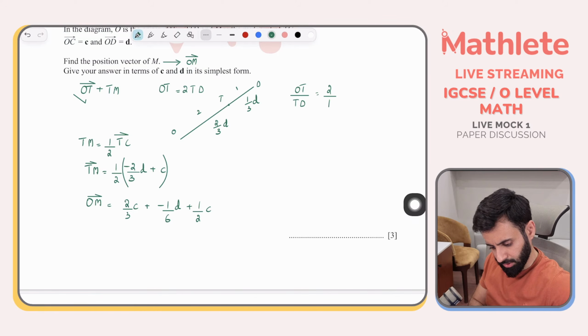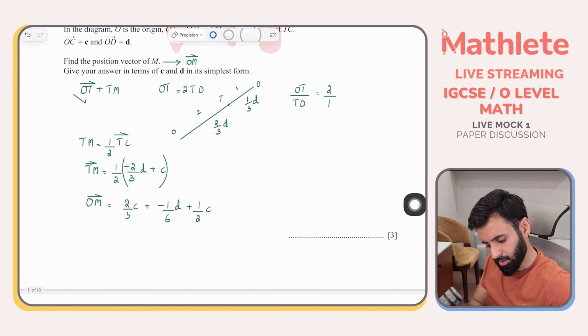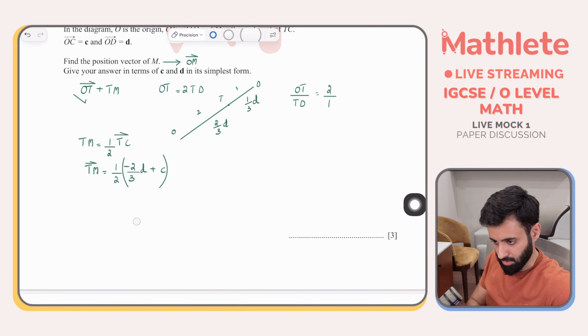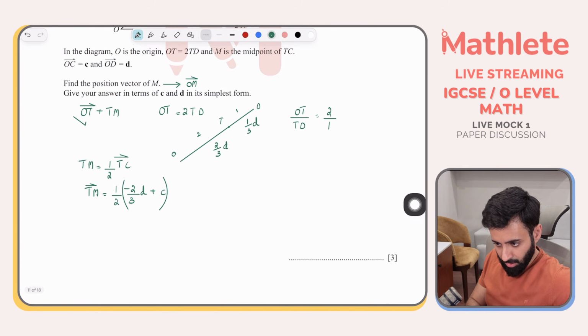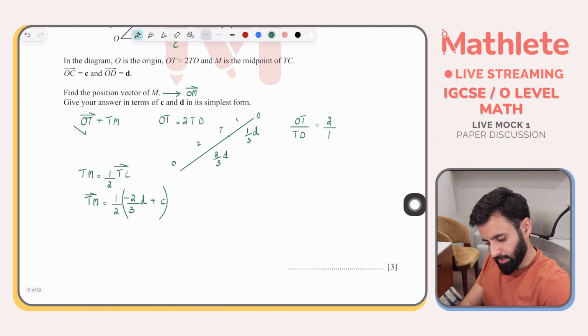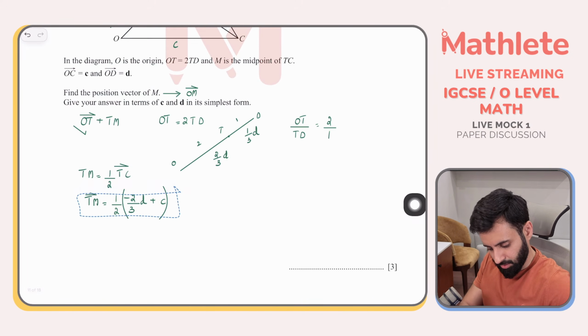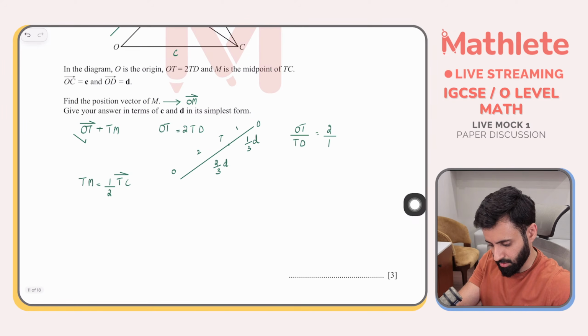So isn't it 2 upon 3? Oh yeah, it's going to be 2 upon 3, sorry. No, it's going to be, sorry. Let me do this again. Sorry. Let's do it again. Let me just solve it again from here. ठीक है, I just confused myself.